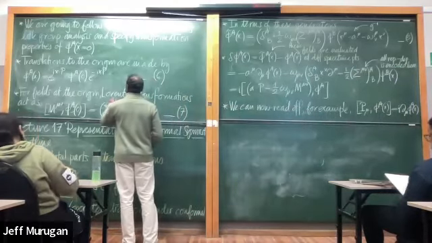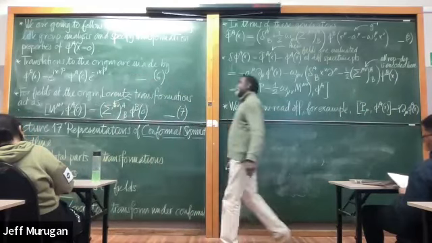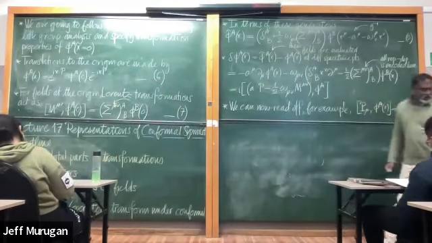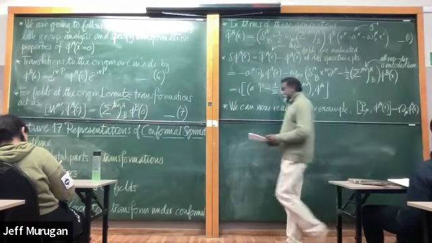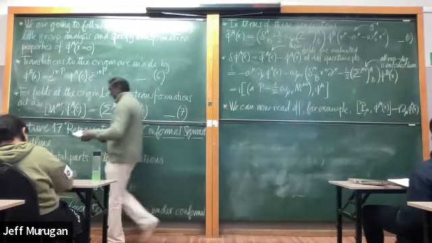I can make one comment here, which is that the action of the Lorentz transformation only contains the spin part of the transformation. This is a direct consequence of the fact that Lorentz transformations leave the origin invariant.